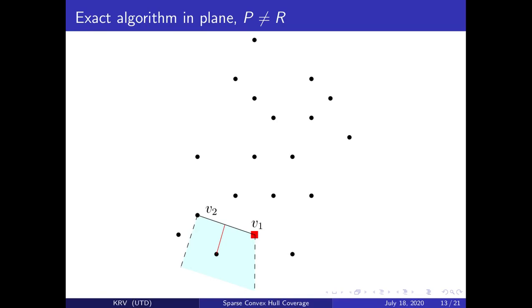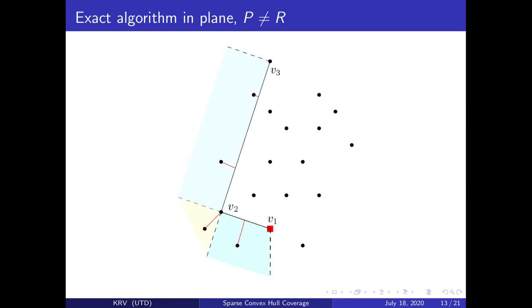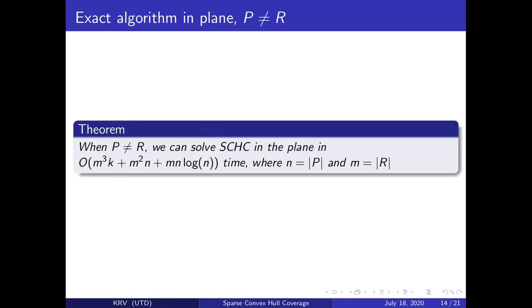That red line is going to stay the same for the rest of the algorithm. Now we guess again, we guess v3, and again these new red lines in the yellow and blue regions are fixed. So we have this linear ordering, and it's pretty straightforward to write down the dynamic program for this. This is the case when p does not equal r in the plane, and that's the running time.